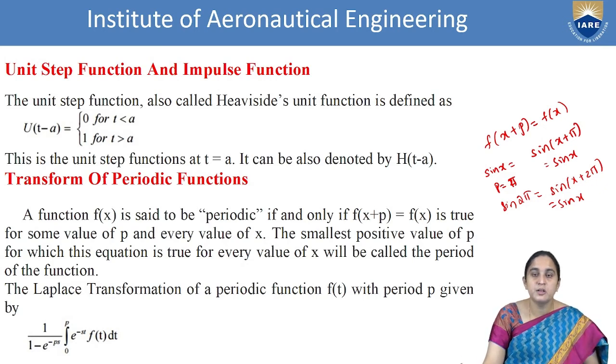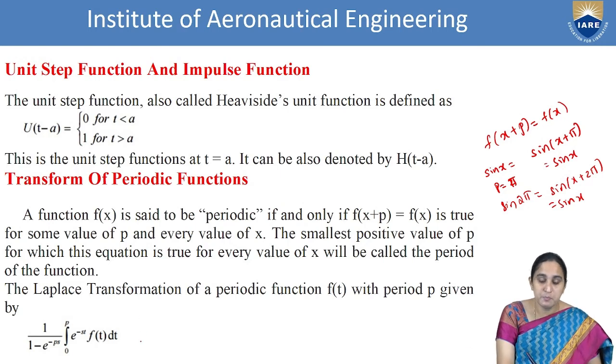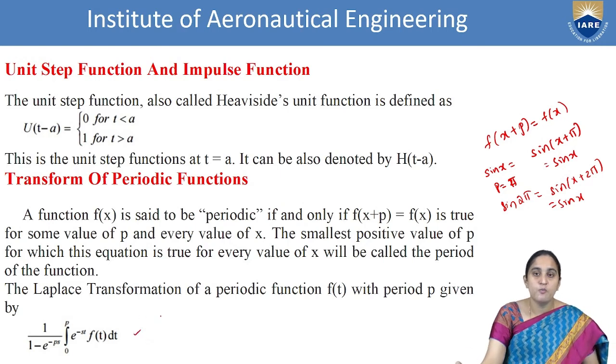But I'm using that periodic function for the Laplace transformation. The Laplace transform of a periodic function f of t with period p is given by 1 by 1 minus e power minus ps, integral 0 to p, e power minus st into f of t dt.